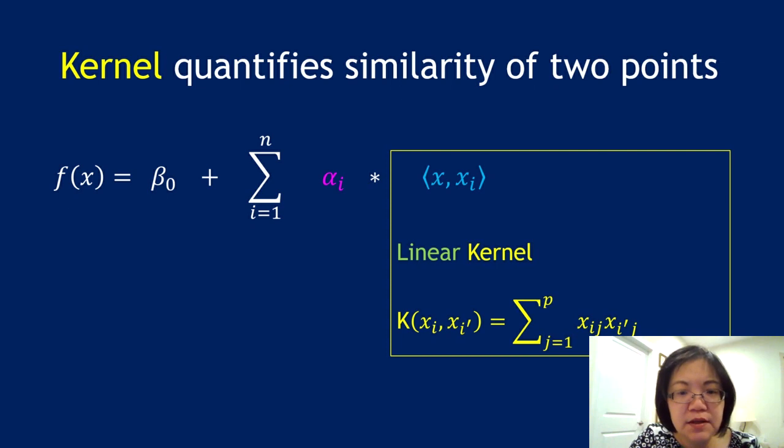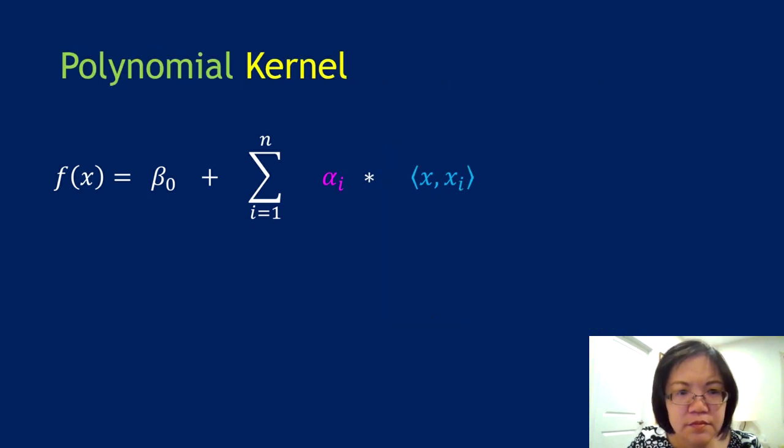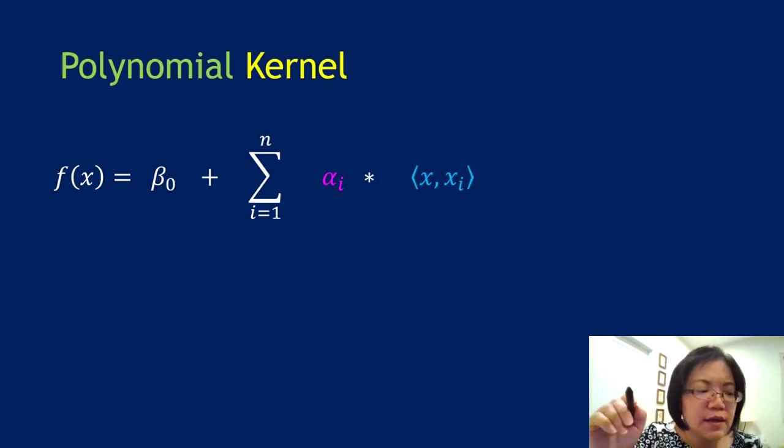And this is basically, like I said, what we mean by the linear kernel. This kernel quantifies or adds up all the similarity of any 2 points. Okay, and then similarly, we can do a degree D polynomial kernel.